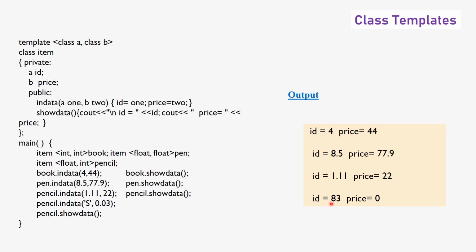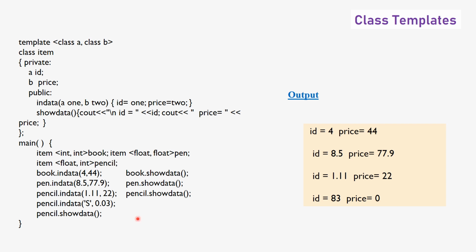So what happened actually, the ASCII code of S is considered as the float value, that's why we are getting 83, and 0.03, which is a float value, is considered as integer, that's why we are getting 0.